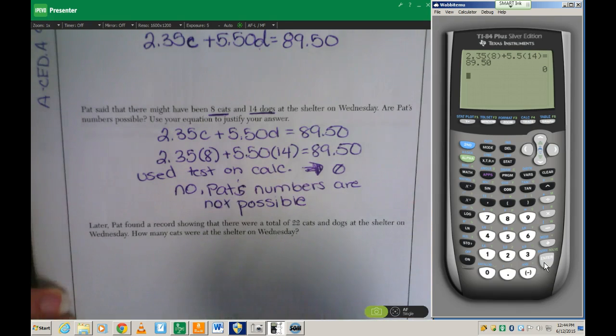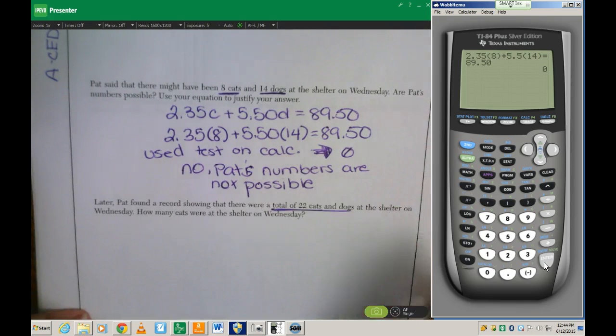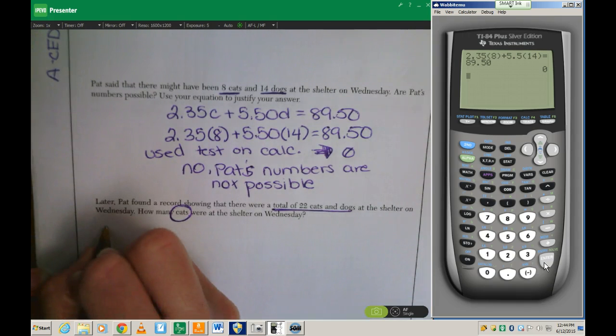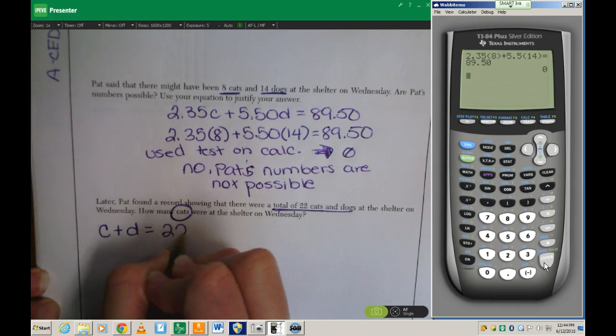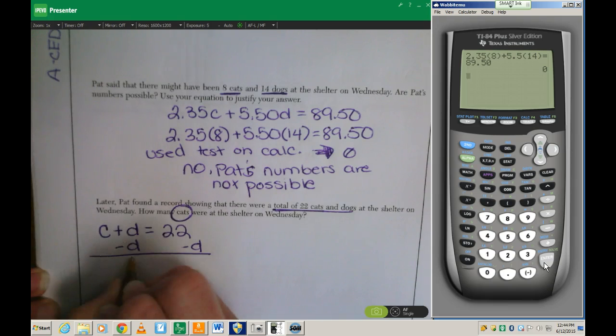Now it wants us to find out this next piece. It says Pat found a recording showing that there were a total of 22 cats and dogs on Wednesday. How many cats were in the shelter? Well, so now we know that C plus D equals our 22. I'm going to subtract the dogs, so I get cat by itself.